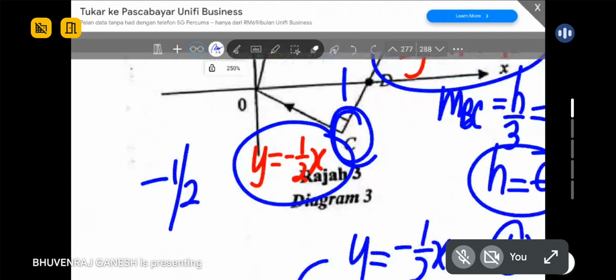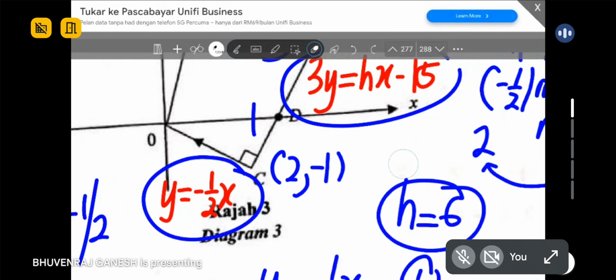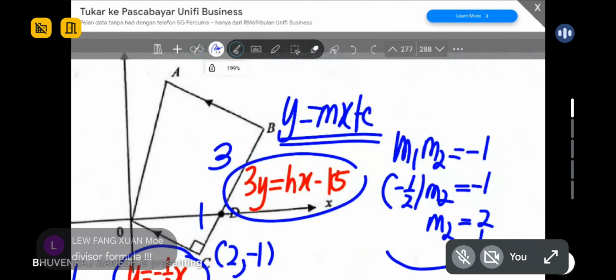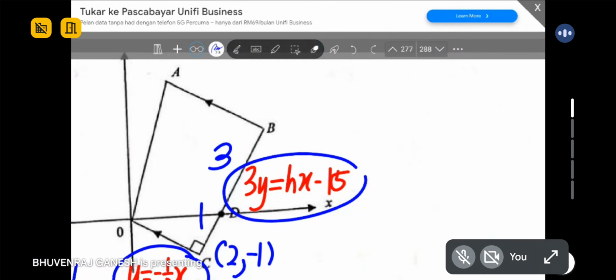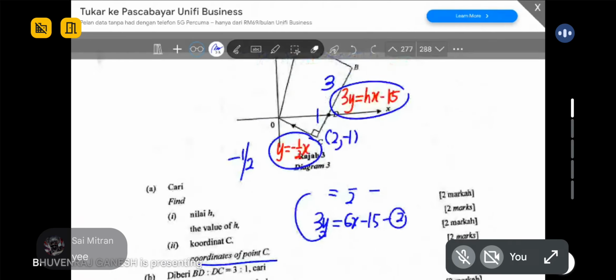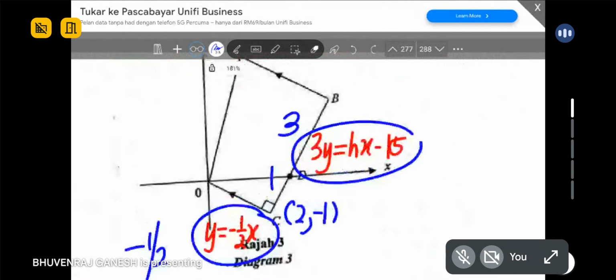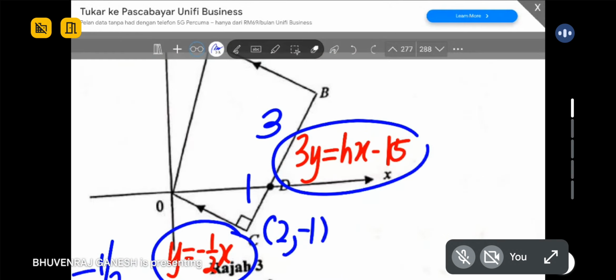Okay, so for coordinate C, you guys already have, right? C is 2, negative 1 based on the answer just now. Tadi kita sudah dapat. And then coordinate B, you guys must find out coordinate B. Let me see. You got no information for coordinate B. So you guys need to think and see lah. What is going to be coordinate B?